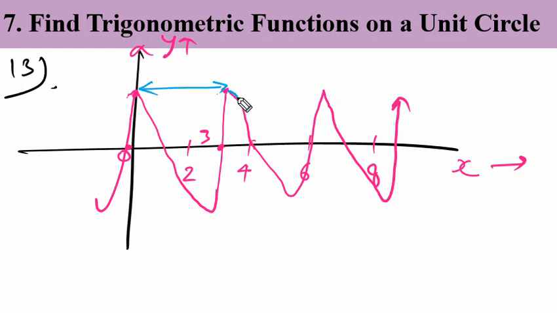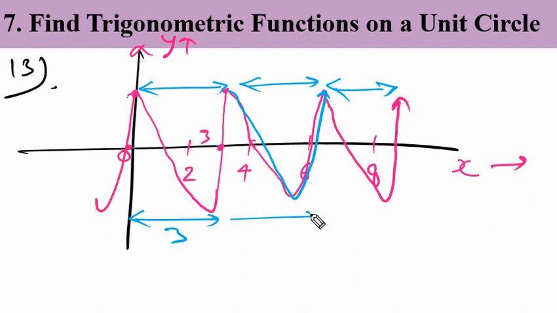And then after that again it is doing the same cycle and then again doing the same cycle, right? So here the period is 0 to 3, so the distance here is 3, and then it is going up to 6, then it is crossing 9. So the period is 3. You will have to check where the shape is repeating itself, where the one cycle is completed.